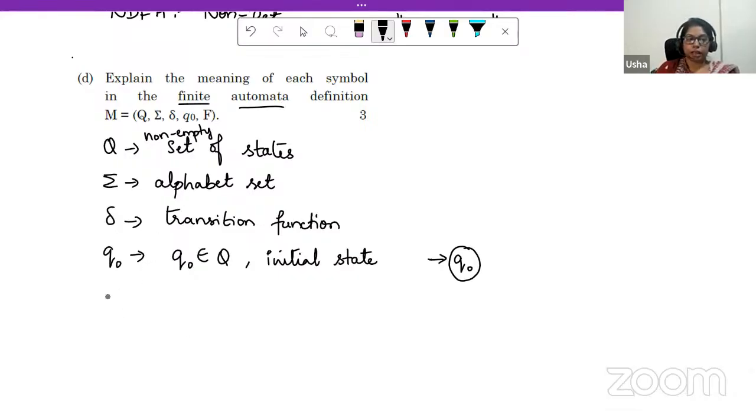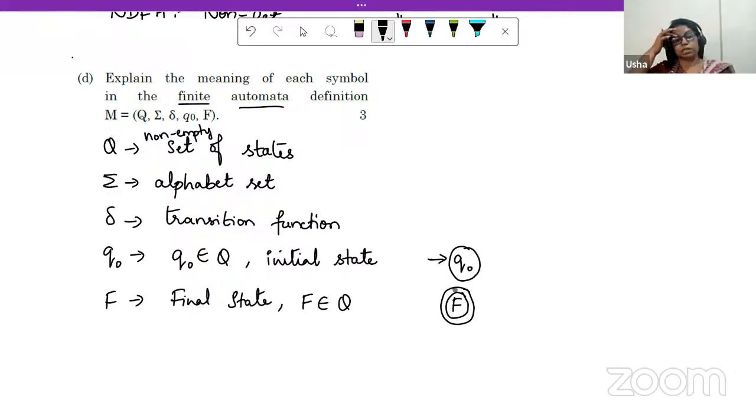Okay, and then F is a final state, and this also belongs to the set Q. For this F, we write a double circle. It means it is a last state. From the final state, it can again come back to one of the previous states also. So this is a finite automata.